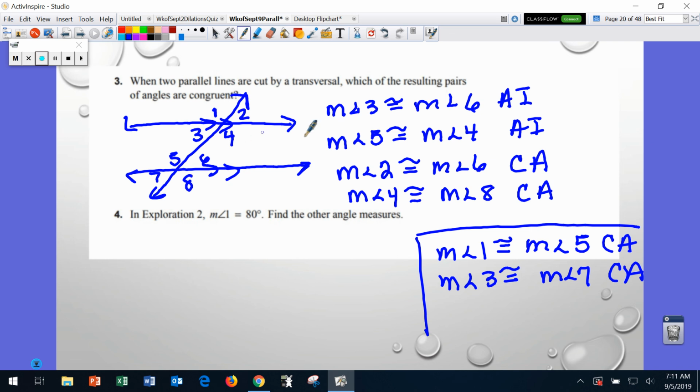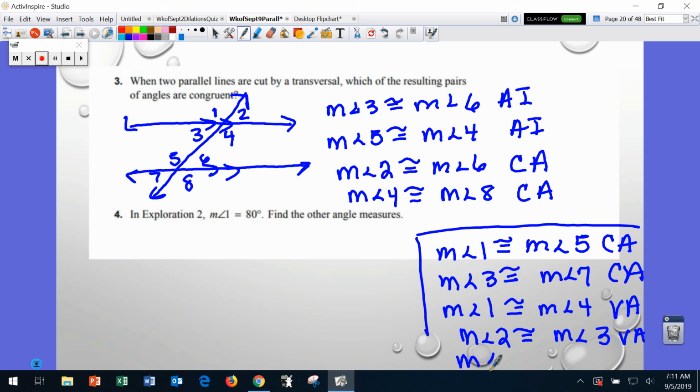So now I just go knock out these vertical angles. The measure of angle 1 is going to be congruent to the measure of angle 4, vertical angles. This goes the same for the measure of angle 2. It's going to be congruent to the measure of angle 3, vertical angles.